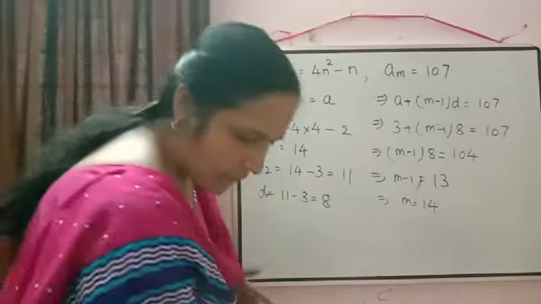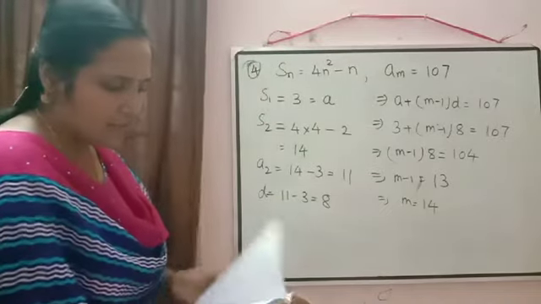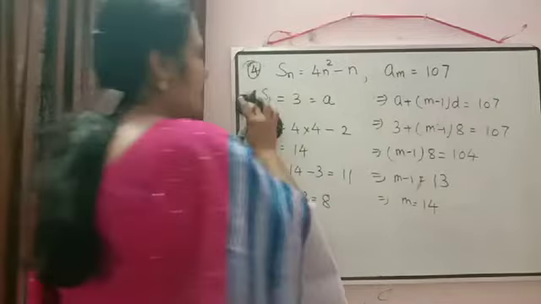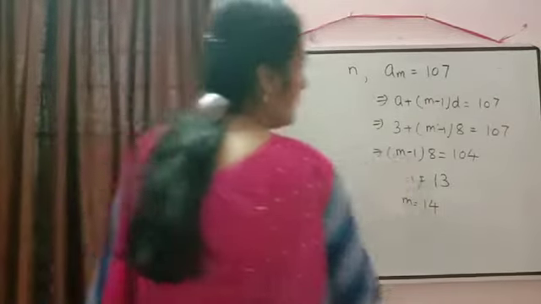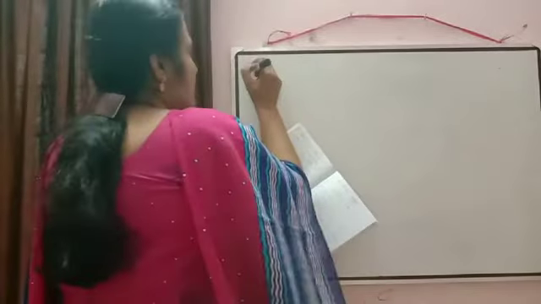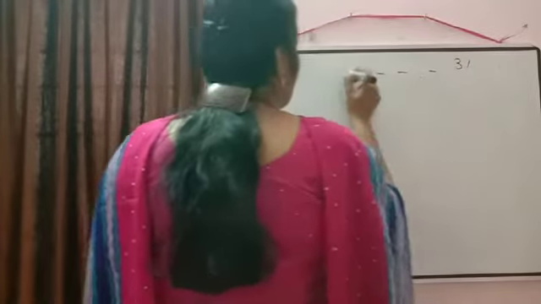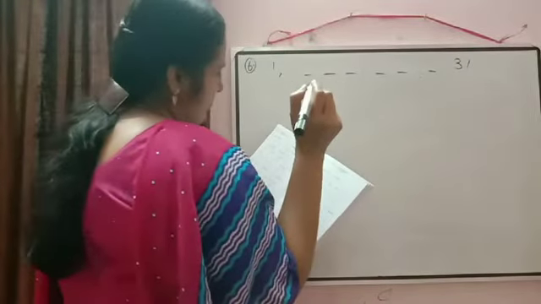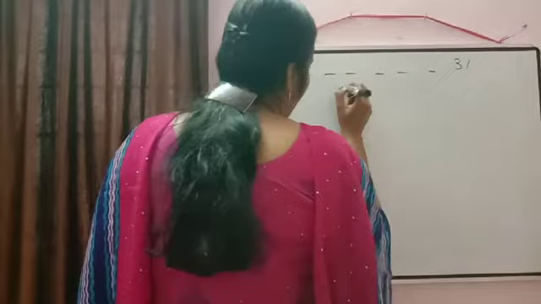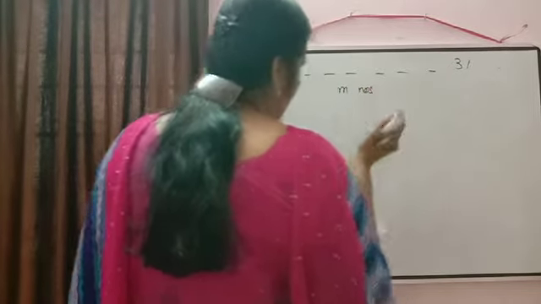Okay. Now we can check the next question. In the next question, it is written between 1 and 31, how many numbers have been inserted? M numbers are inserted there.